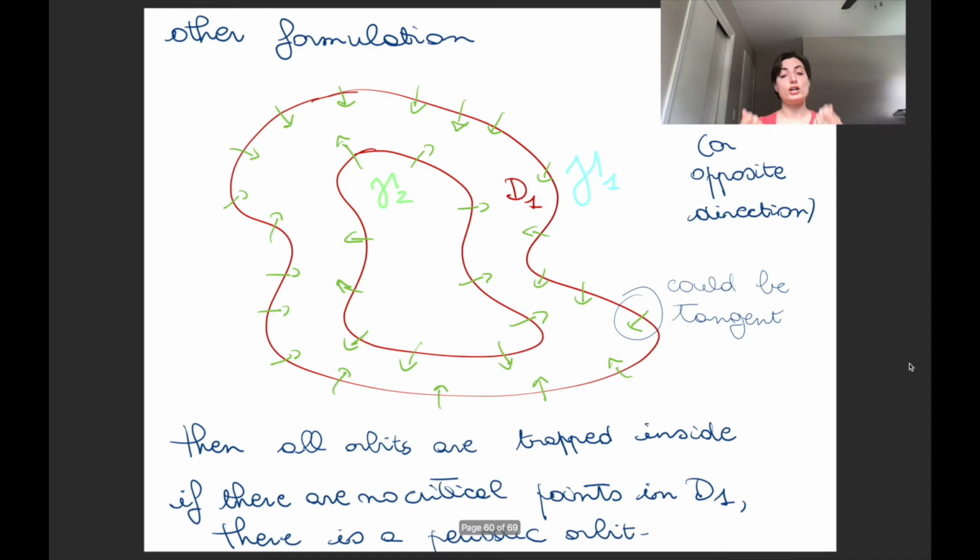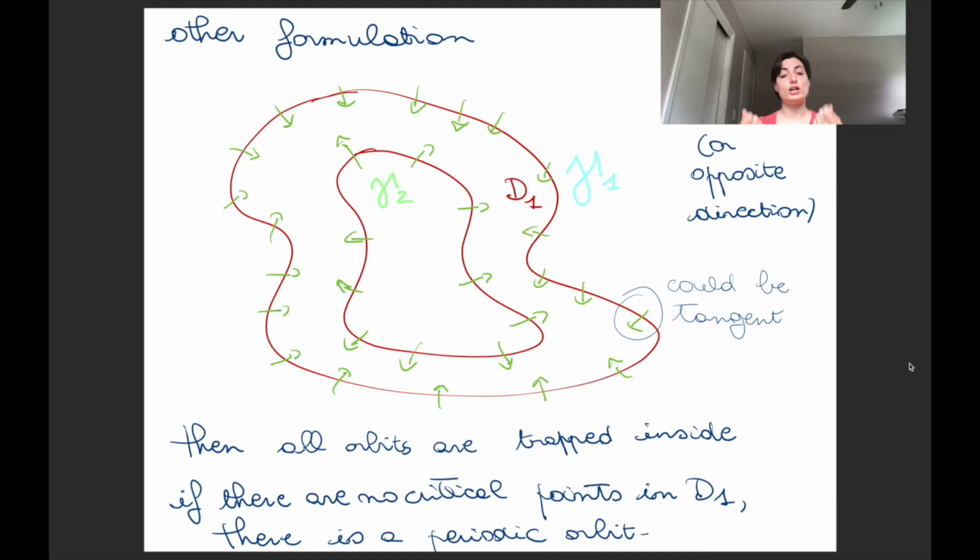And we want the direction field on this boundary to either constantly go inward or outward. So what we want is that on the gamma 2 boundary, the inside, everything goes towards D1. And everything on gamma 1 goes towards D1 as well. This is another way of saying that anything that enters D1 stays in D1.